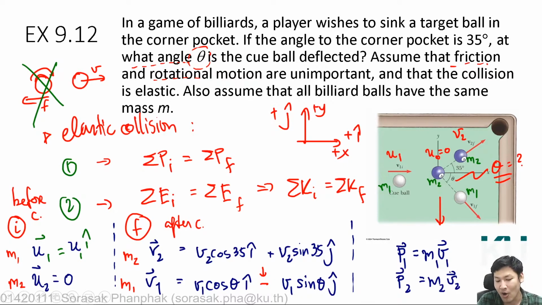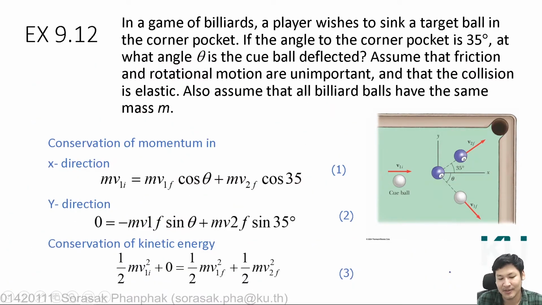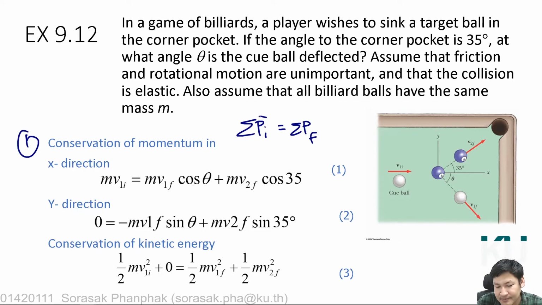So now we have all components and are ready to do a calculation. We can start with the conservation of momentum, which is sigma p_i equal to sigma p_f, as a vector. This is the p_i and this is p_f.